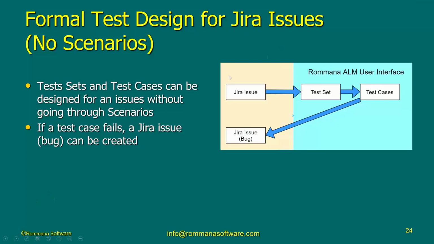This is how the formal test design works without scenarios. Again, if you are interested in just doing formal testing without scenarios, here is your Jira issue, which is a user story. You can go ahead and create this set and create test cases. And if the formal test case fails, then you can create your bug report within Jira.